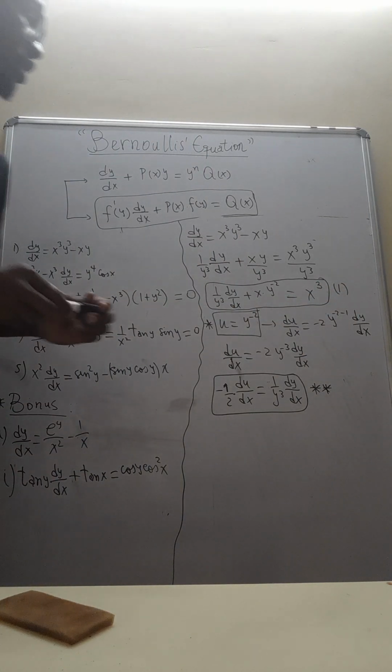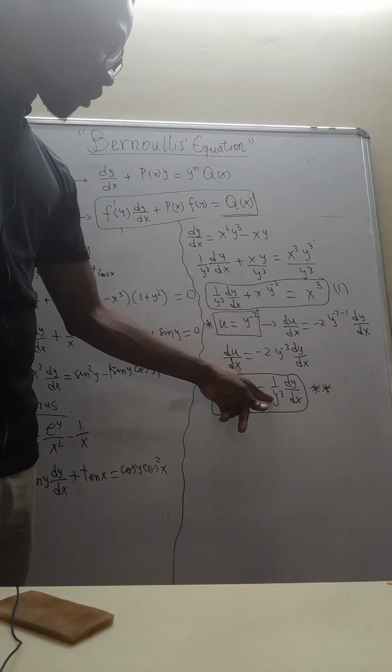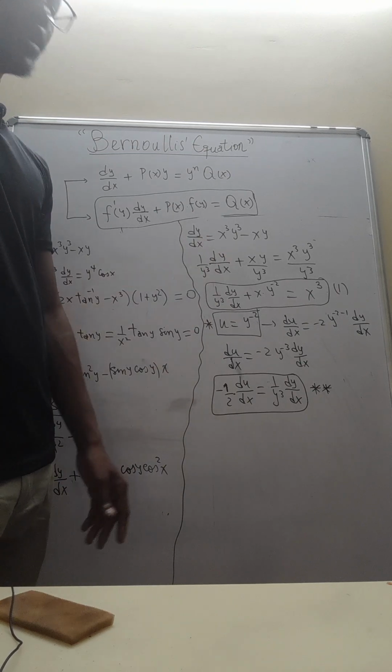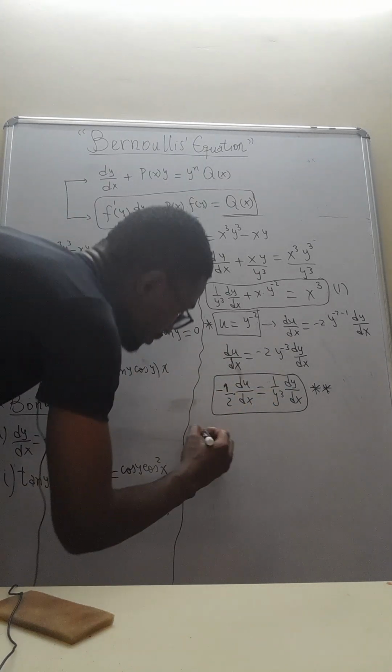Now what's the next step? Just substitute 1 by y cubed dy by dx. This is actually like Bernoulli's equation, so from there you just have to solve this one.